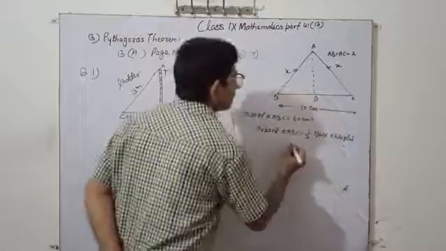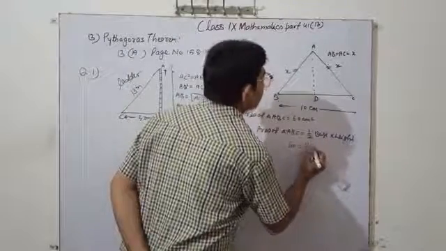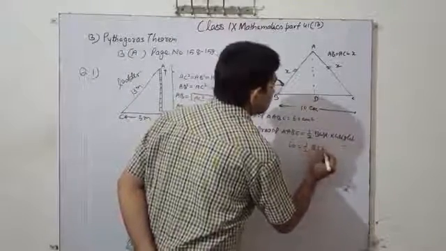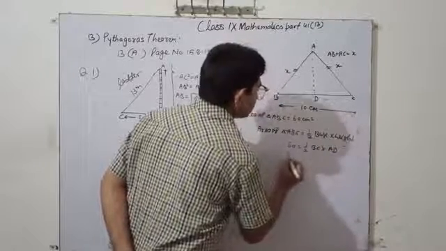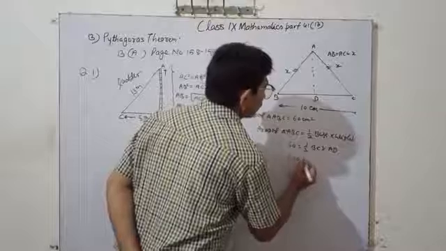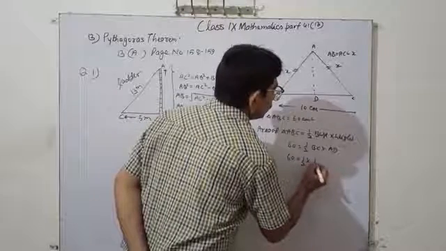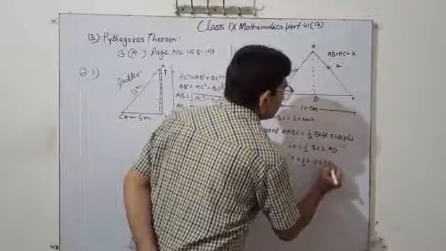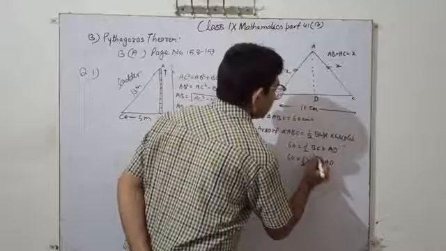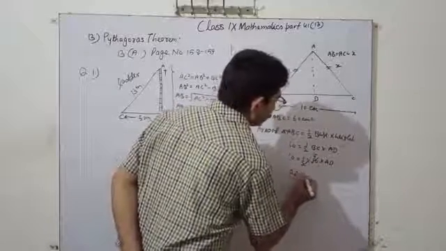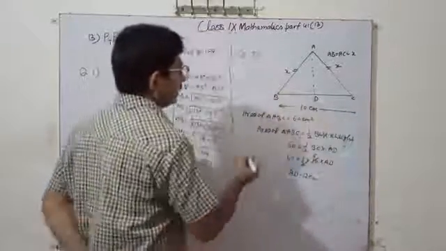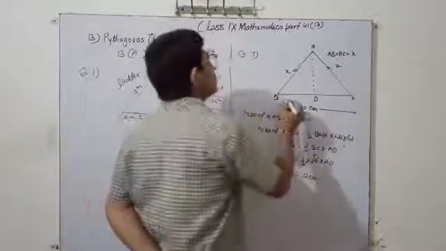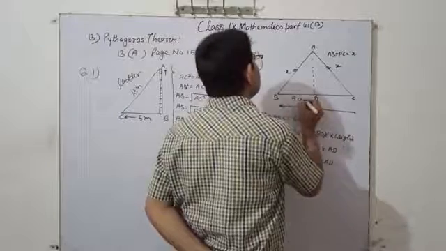This means here this is 60, 1 by 2 base BC into AD. Now here 60 equal to 1 by 2 into 10 into AD. AD equal to 12 centimeter. Now here this will be, BD becomes 5 centimeter.